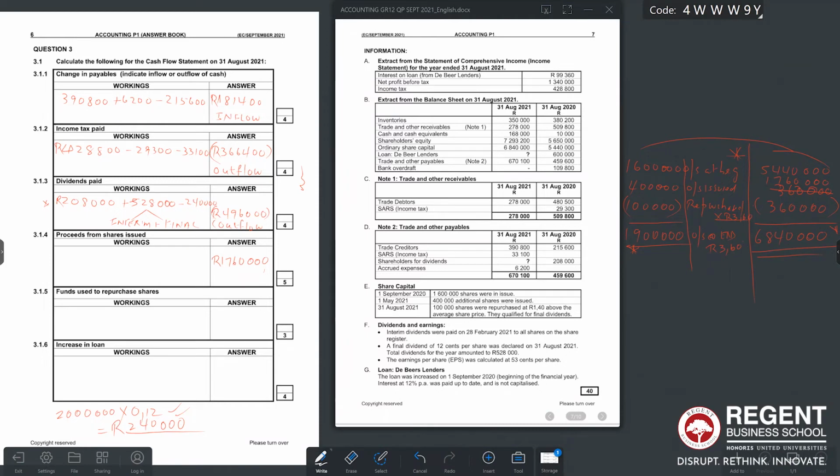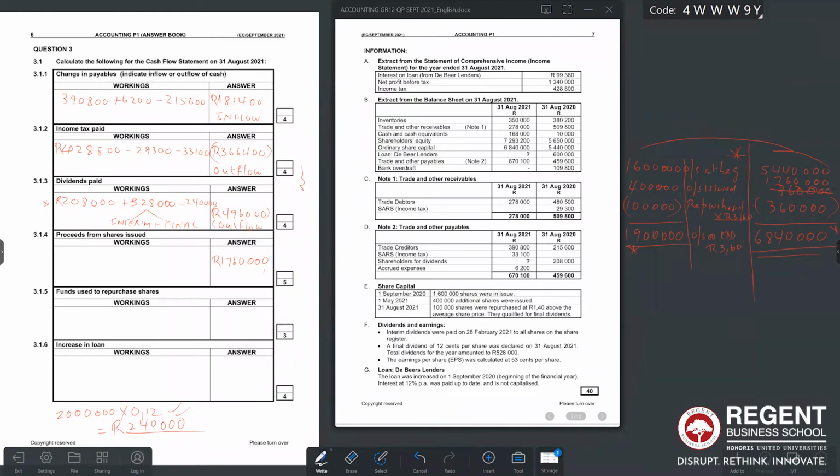Okay, now 3.1.5, they want to know the funds used to repurchase shares. That means how much money you used to repurchase the shares. That's straightforward. In the ordinary share capital note, I repurchased 100,000 shares. The average price was 3 rand 60. But then they told us that the 100,000 shares were repurchased at 1 rand 40 above the average. If the average was 3 rand 60 plus 1 rand 40, that means you paid 5 rands for 1 share.